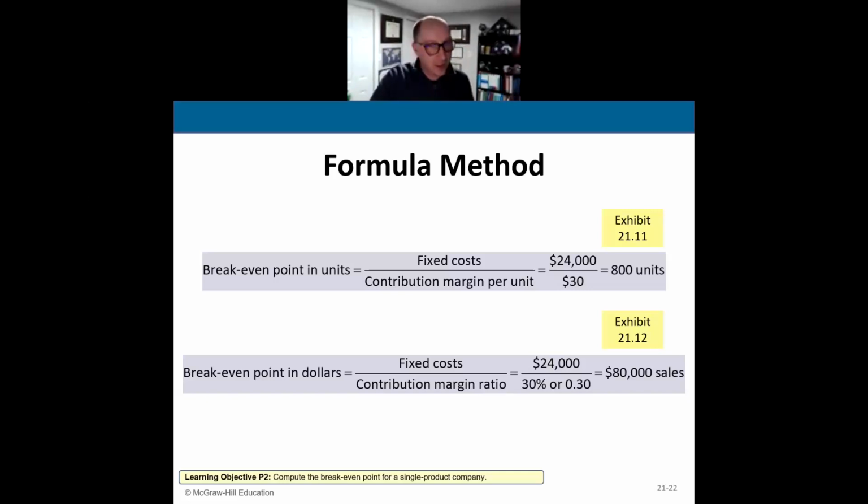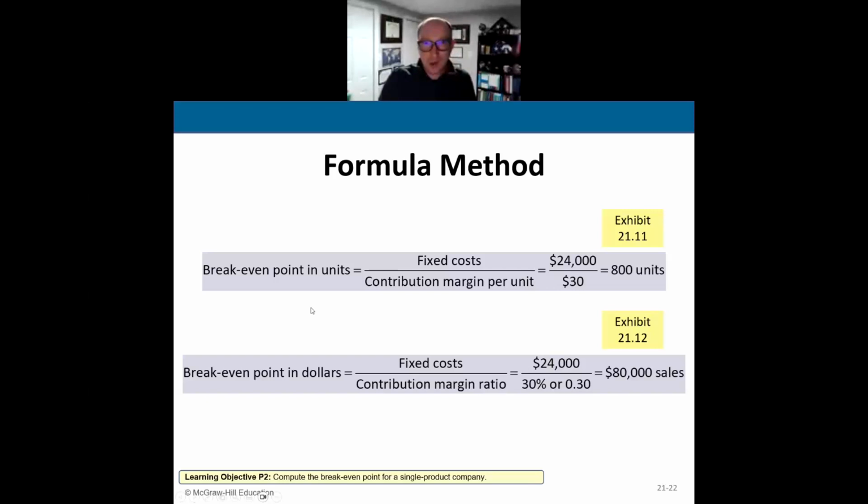The way to be in the black is to make sure that we sell enough units or make enough sales dollars to break even. We want a profit of zero. When our income is zero, that means we broke even. We made enough sales to cover all of our expenses. Our net income is zero.